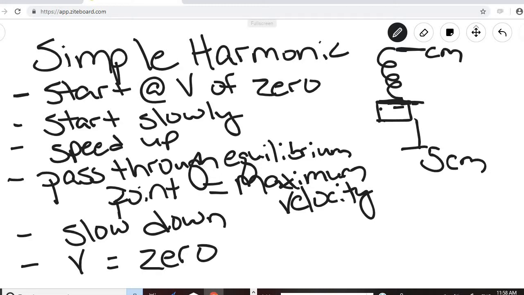So it will start slowly from up here. It'll speed up, and when it reaches the equilibrium point, it will be at its maximum velocity, and then it's going to slow down until it reaches this point here again, in which its velocity will be equal to 0. So we could summarize that.